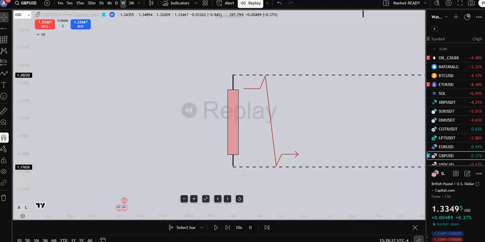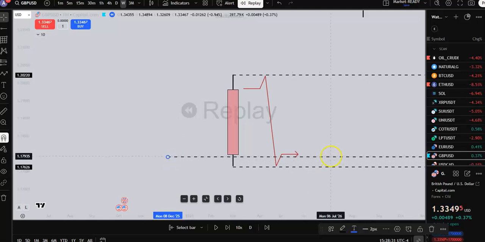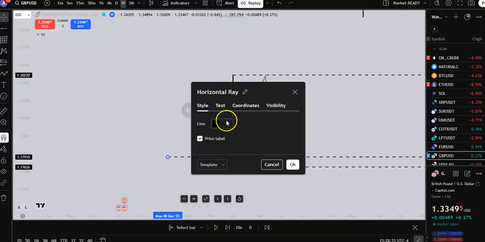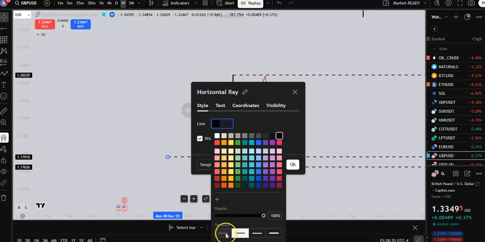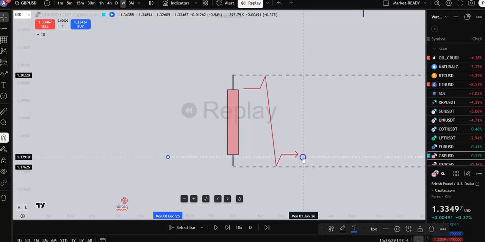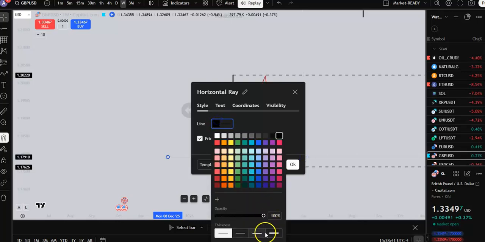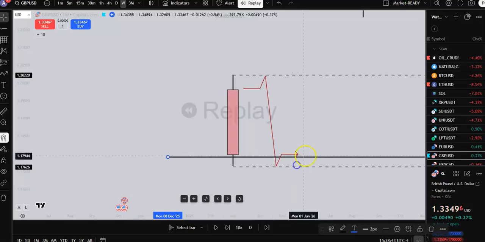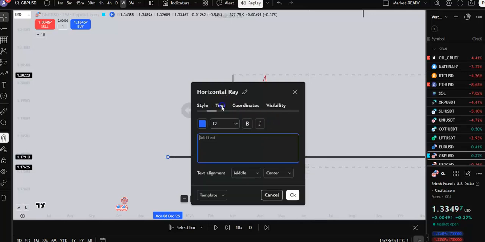For example, if we have a key level here, let's say this is the previous day low.